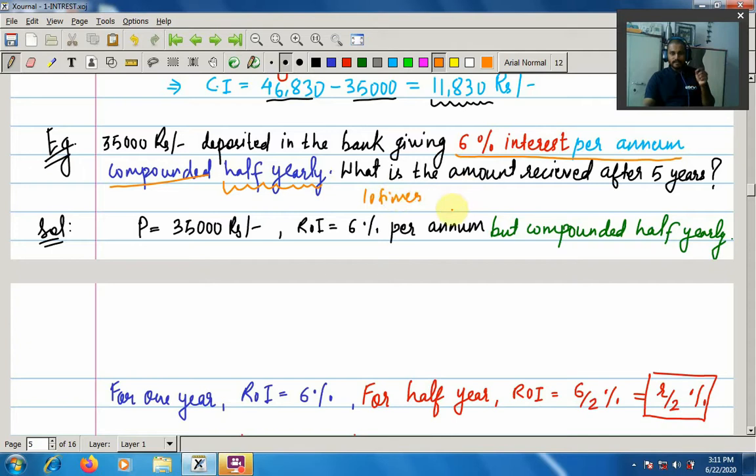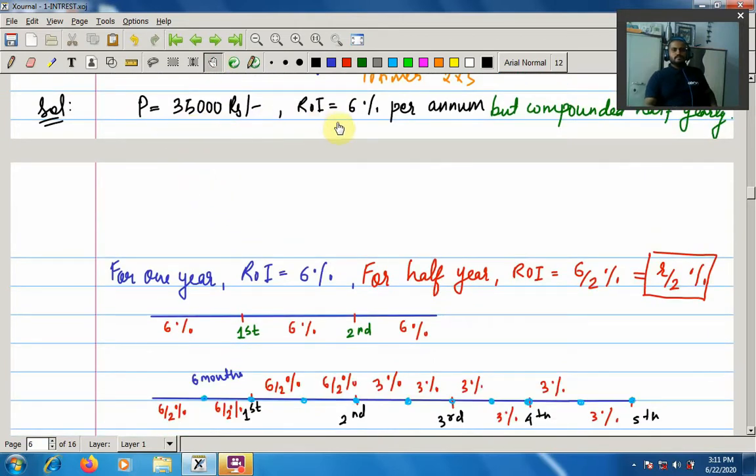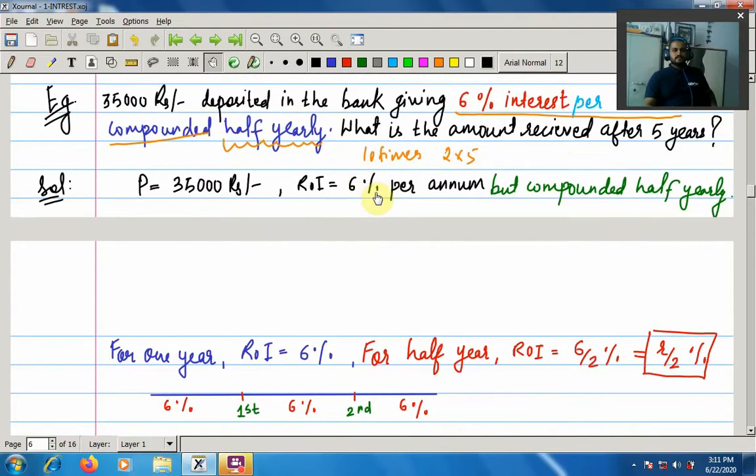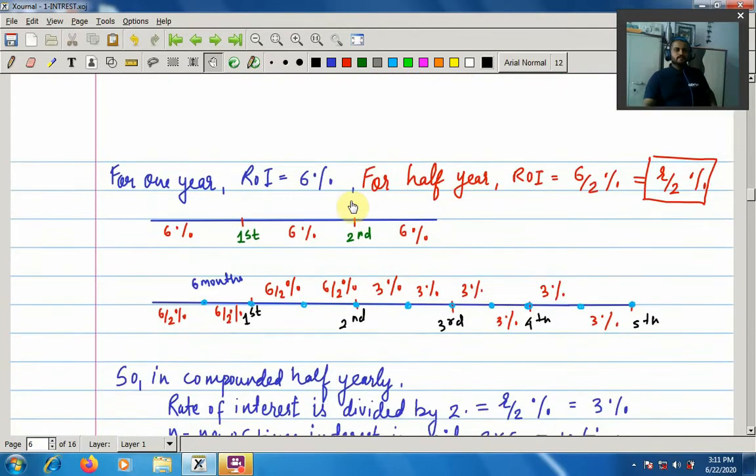This means more money. So 10 times, 2 into 5. Let's read further. What is the amount received after 5 years? Principal amount 35,000, rate of interest 6% per annum, but compounded half yearly. Okay, so here we have a time span. Let's understand this.